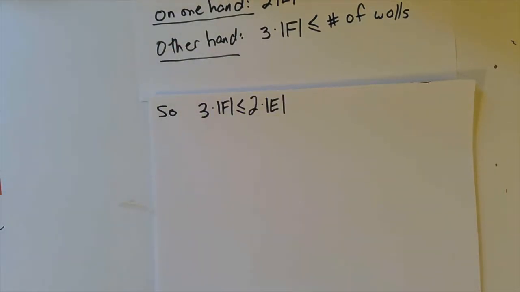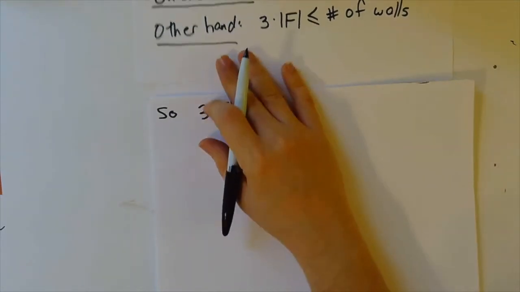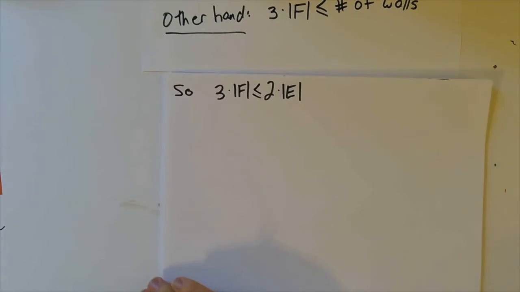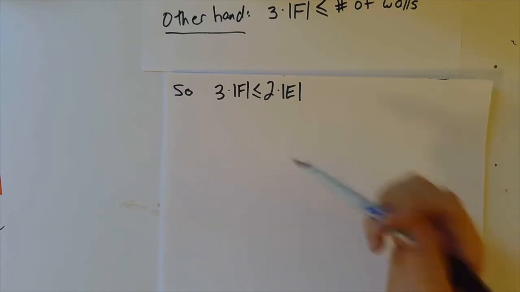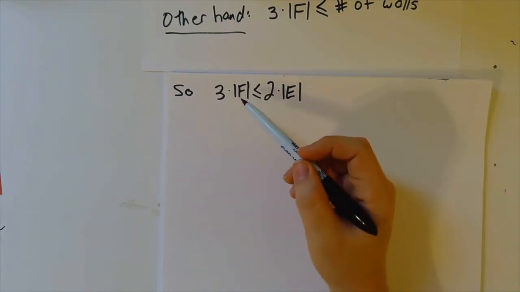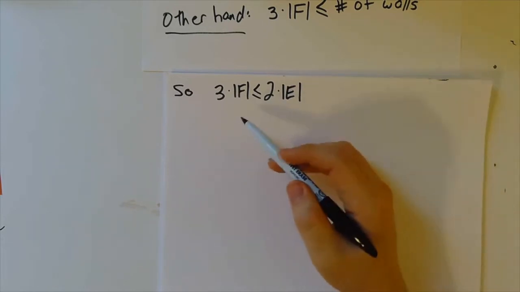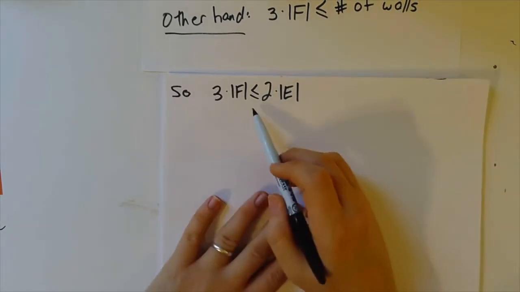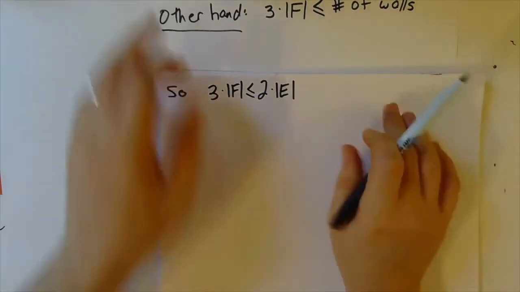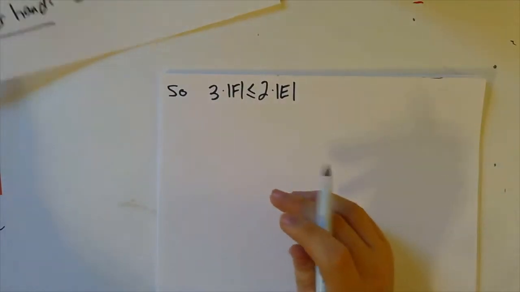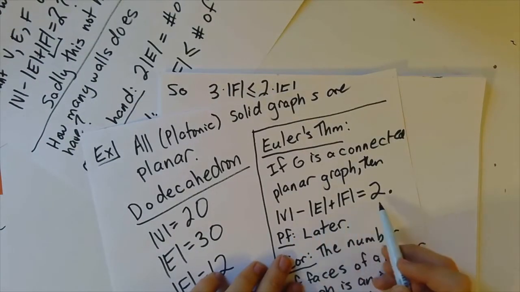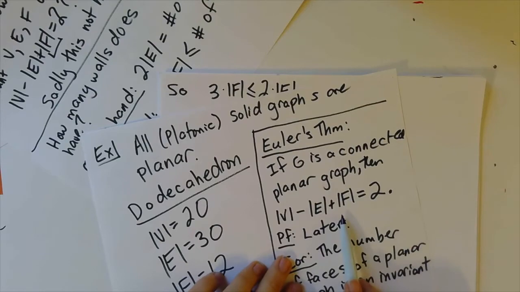Okay. But keep in mind that my goal here is to decide if a graph is planar, ultimately, and I'm going to have a really hard time thinking about the number of faces of a graph that I'm deciding is planar or not. And so, remember, only planar graphs have faces, but if a graph is planar, then by Euler's theorem, the number of vertices minus the number of edges plus the number of faces is 2, which means the number of faces is 2 plus the number of edges minus the number of vertices.